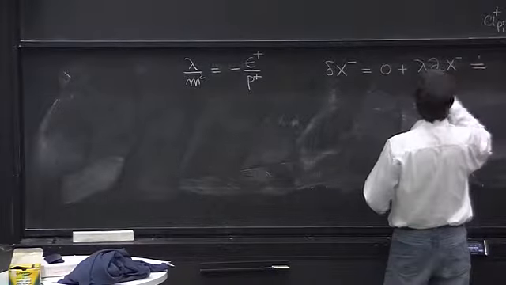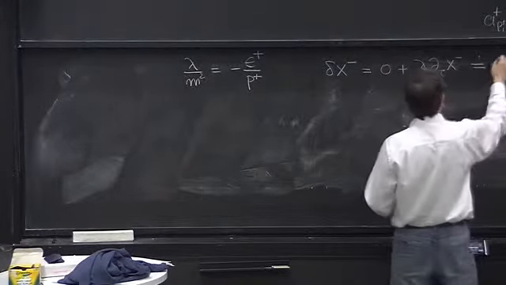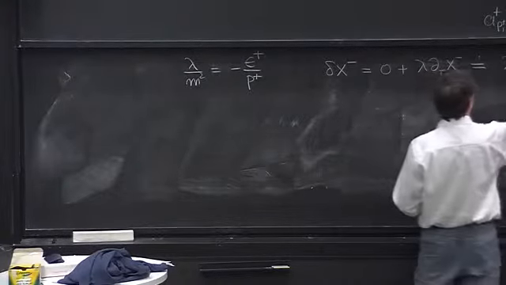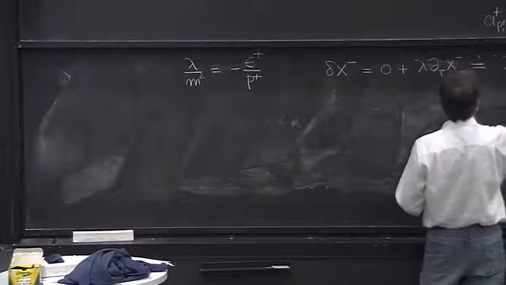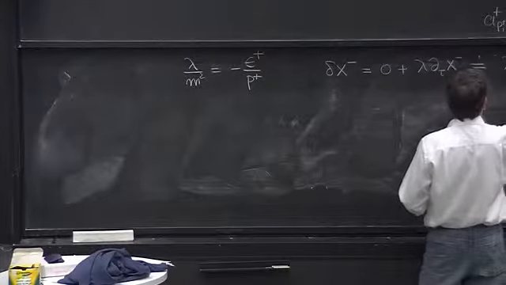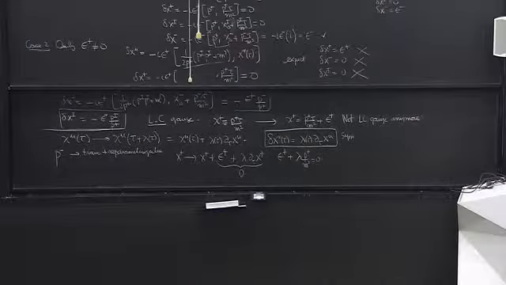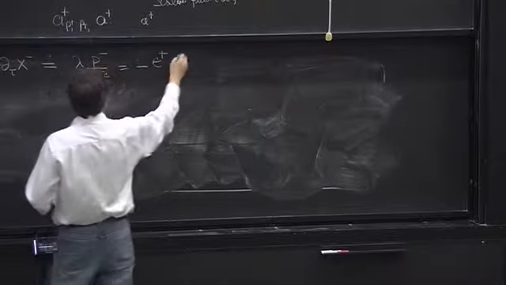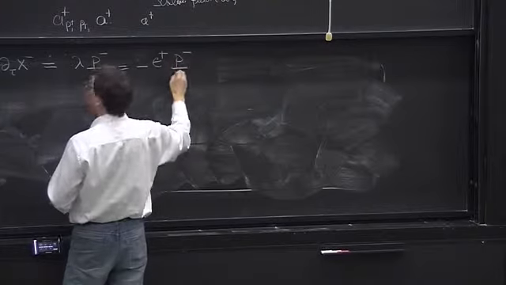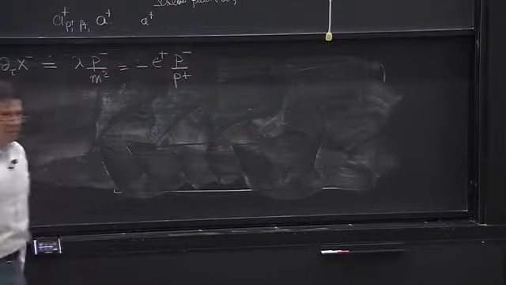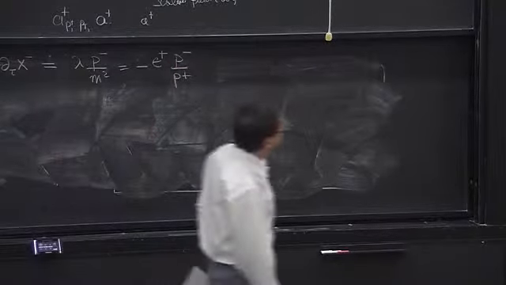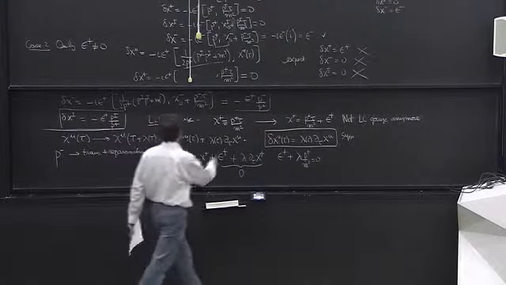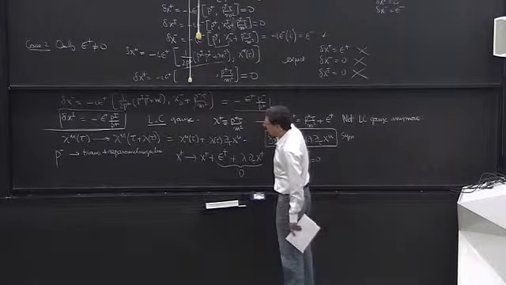And what is λ ∂_τ x^-? ∂_τ x^- is p^- over m squared. And λ over m squared is minus ε^+. Then you get p^- over p^+. And here it is, δx^-.